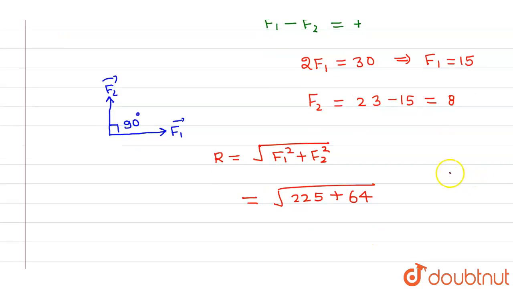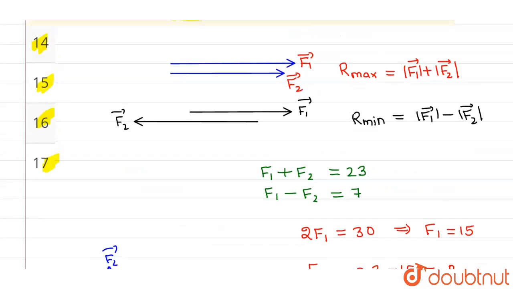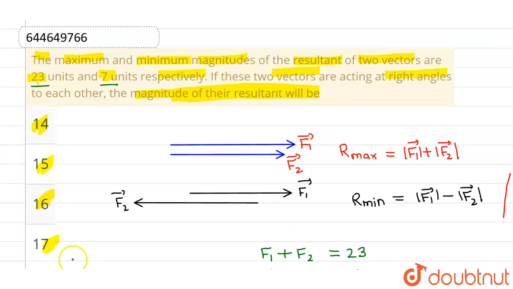If I add 225 with 64, I will get 289. So root 289 is nothing but 17 units. So 17 is our answer. The correct option is 17, which is option 4, and the rest of the options are incorrect.